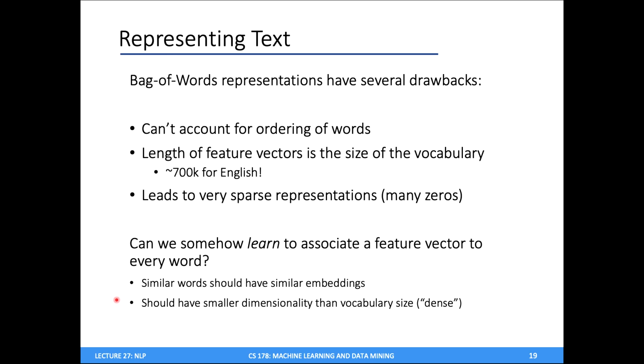And the converse of that, of course, is that words that are dissimilar should be far apart in this representation. So I put the word dog over here in my feature space, and maybe the word puppy should be right next to it, but the word car should be way out in space somewhere. And also, we would really like these word embeddings to have a smaller dimensionality than the vocabulary size. So they should be dense in the sense that they're compact, learned representations of our words.